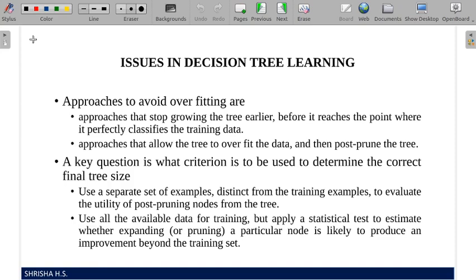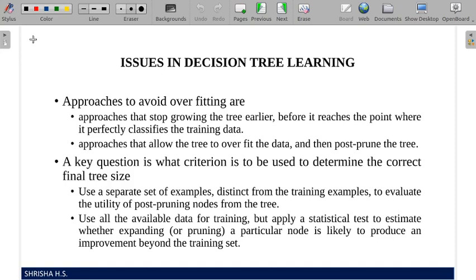If the accuracy decreases, that means the pruning was wrong. If the accuracy does not decrease, then pruning has been successful. Post pruning means first allowing the tree to grow completely, then chopping off the decision tree's branches.